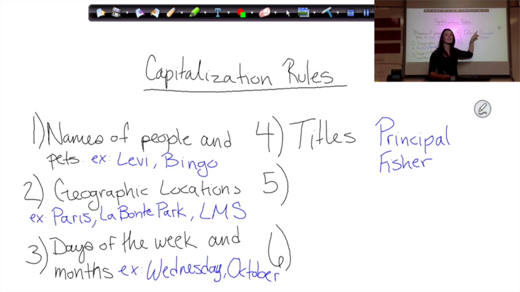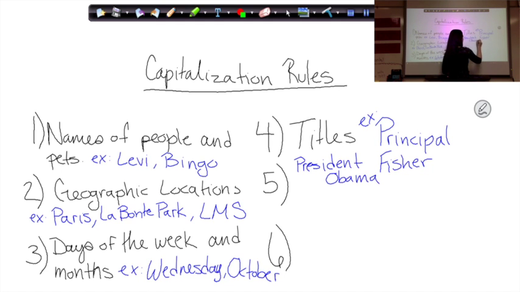But for this one, that's her title. Here's another one for you. President Obama. We capitalize Obama because that's his last name, and that falls under this category. But since he's the president, we have to capitalize that because it's his title.